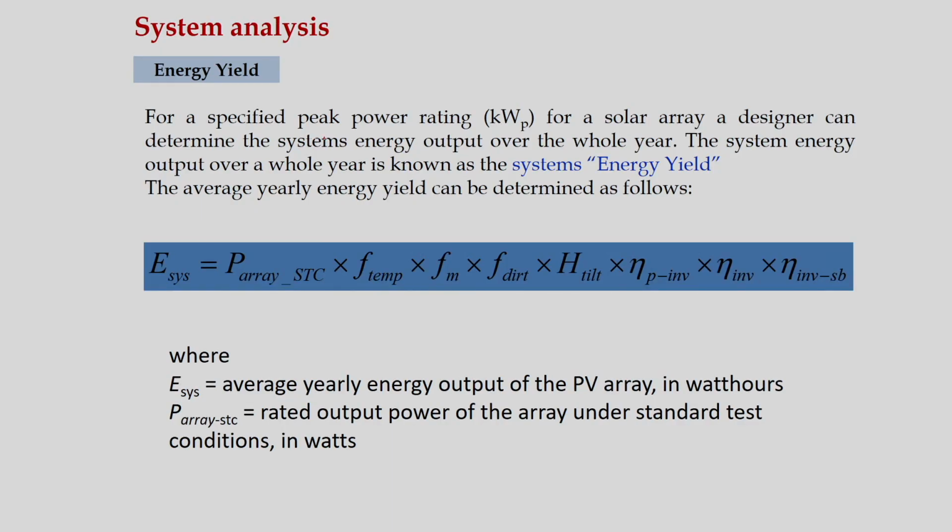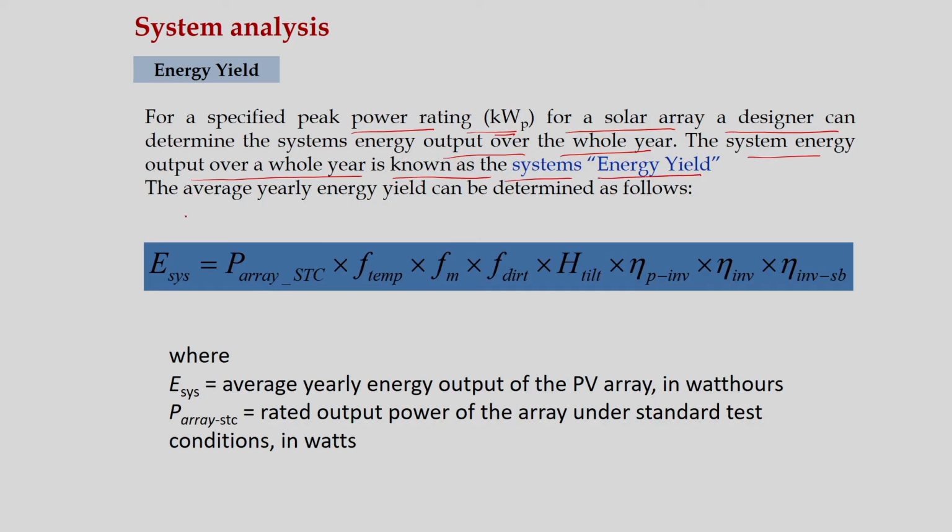Now, let us learn about this system yield and the different losses in a deeper sense. For a specified peak power rating for a solar array, a designer can determine the system's energy output over the whole year. The system energy output over a whole year is known as the system's energy yield.